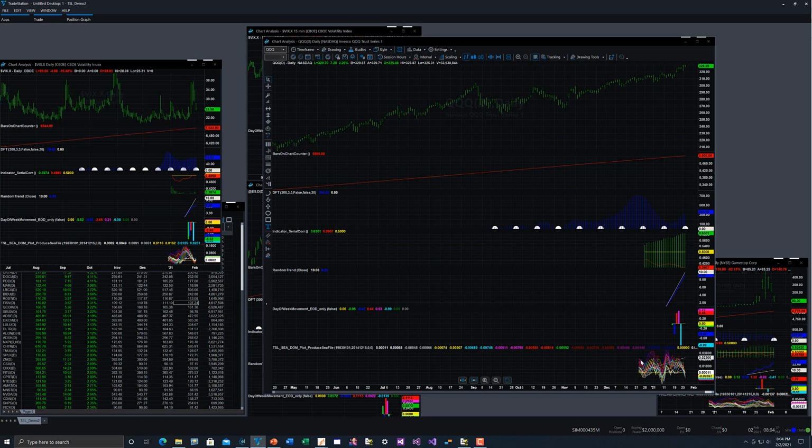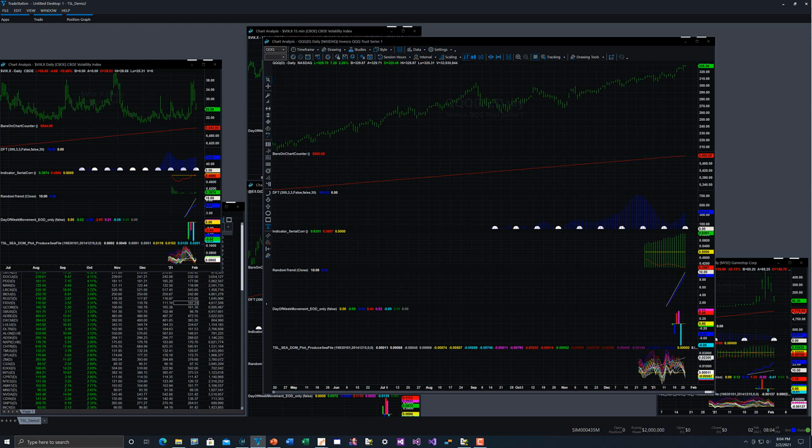So we see this bias of greater movement early in the month and this lull period in the middle of the month. So this is called the day of week or day of month seasonal indicator plot that comes with the Trading System Lab platform.